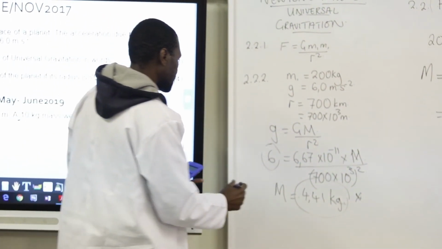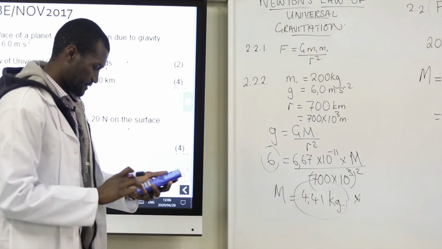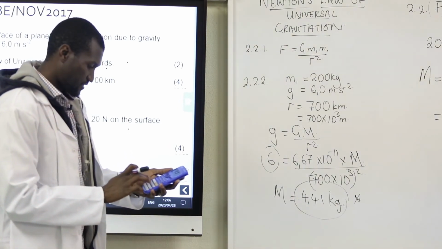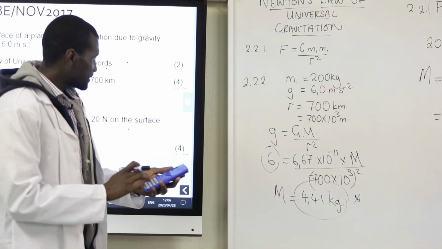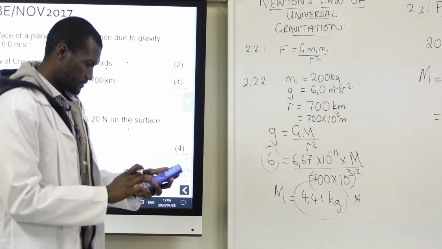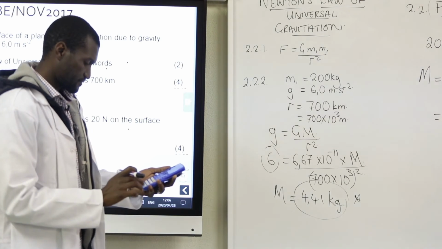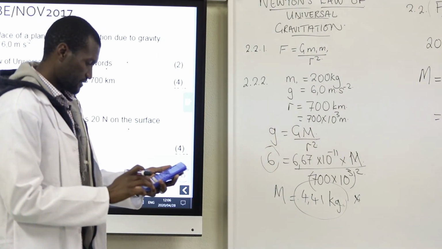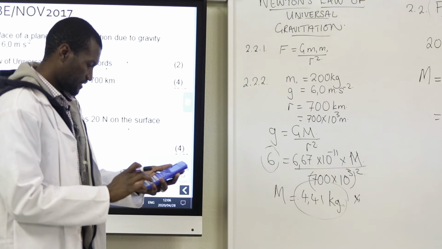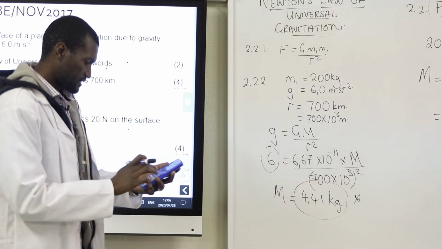We go back to this one, we are saying 6 times, I'm seeing something could have been wrong there, let me just correct it, times 10 to the power of 3 all squared, okay, divided by 6,67 times 10 to the power negative 11.